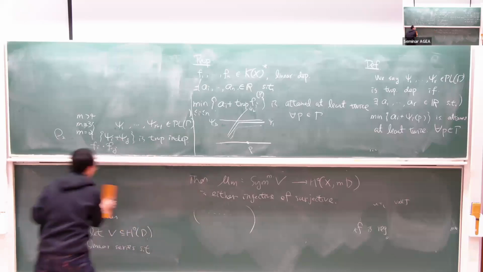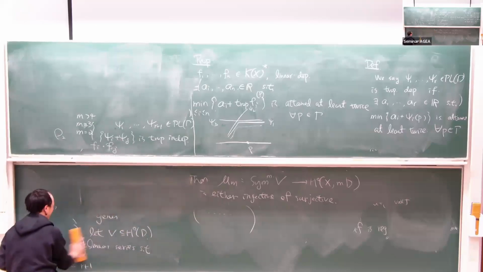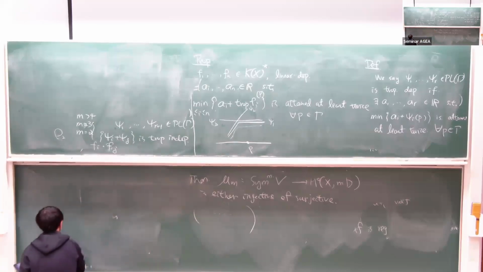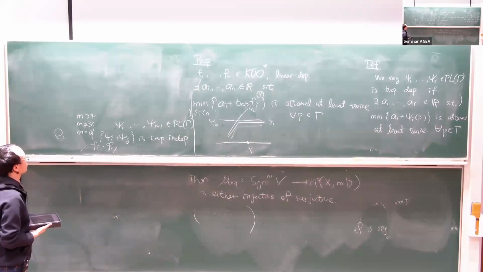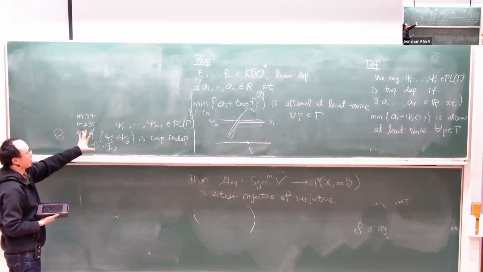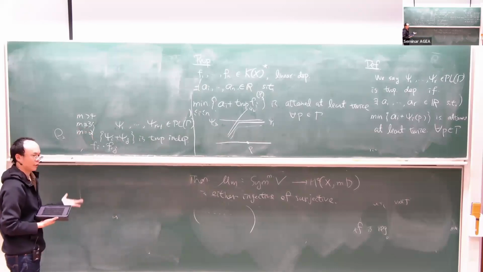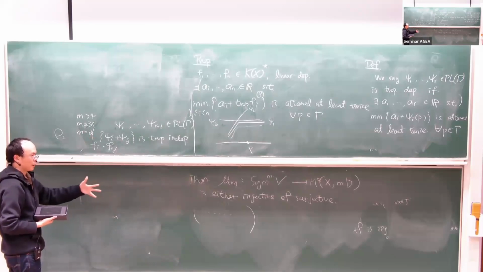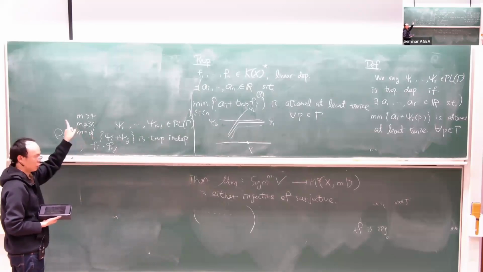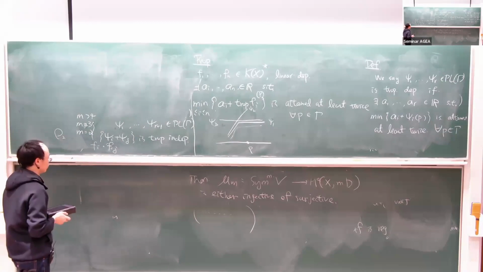Maybe, because I'm running out of time, let me mention something. As I said, the crucial point of the tropical proof of the maximum rank conjecture is that you want to lift a set of piecewise linear functions to rational functions on the original curve.